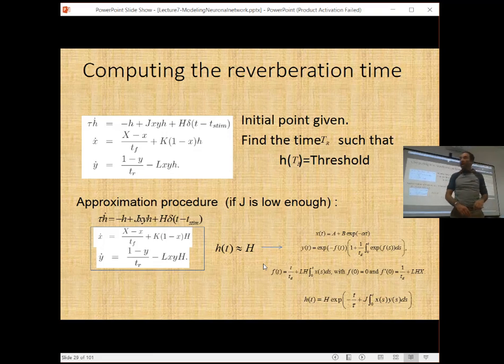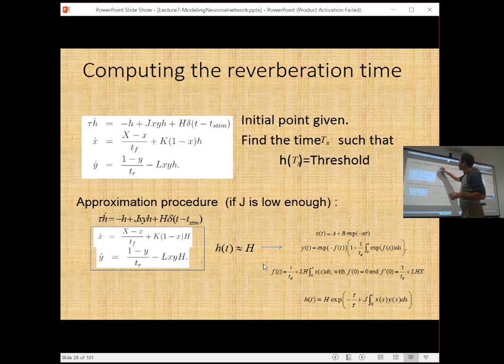But suppose I ask you, from this dynamical system, find the duration of the burst. Tell me how much it depends on the different parameters, J, H, X, kappa, L, TR. How would you do this? It's complicated.